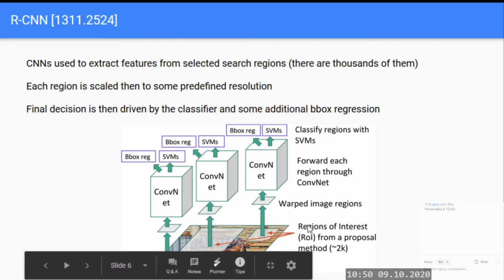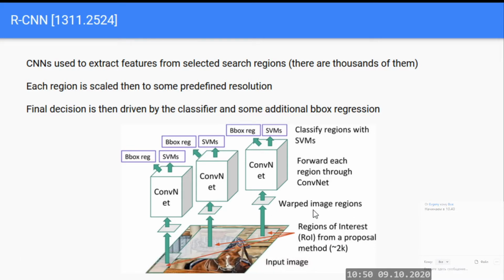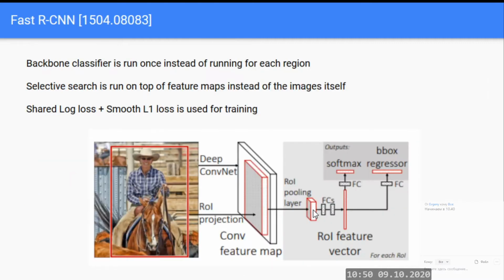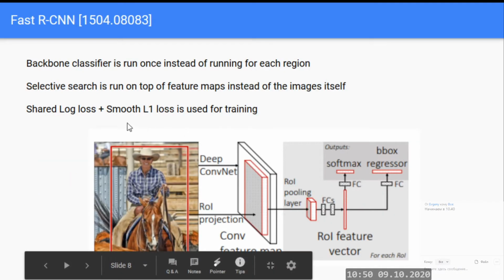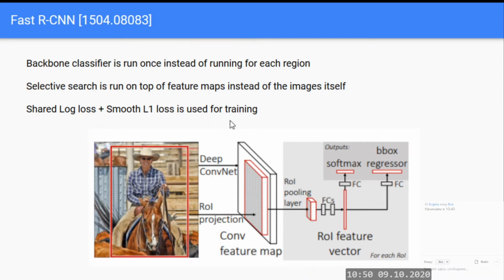So the idea is we could do the calculations for our features only once and then reuse them for all the region proposals we have. So basically, this is the idea lying behind the Fast R-CNN approach. So we speed up our network by optimizing the feature calculations, calculating the features only once.